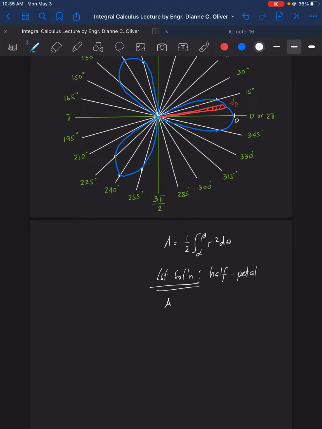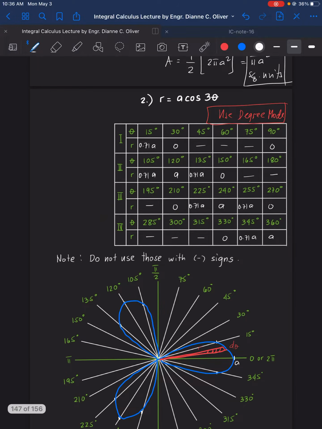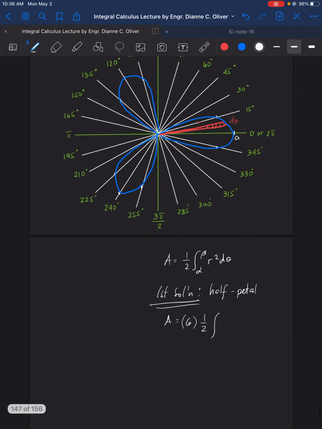Now for the area of the half petal, how many half petals do we have? So we have 6 half petals, 1/2. The radius is a cosine 3 theta.